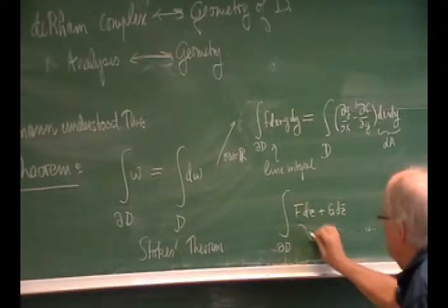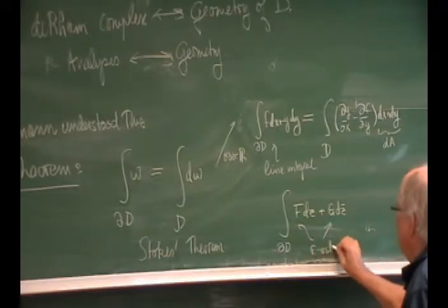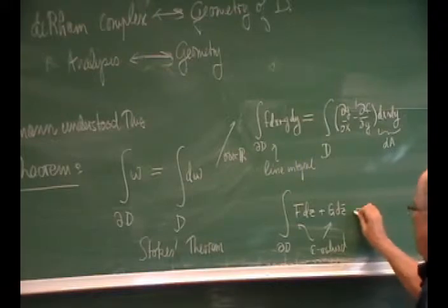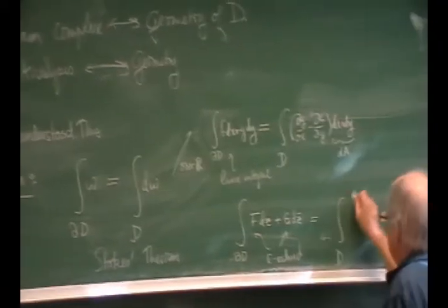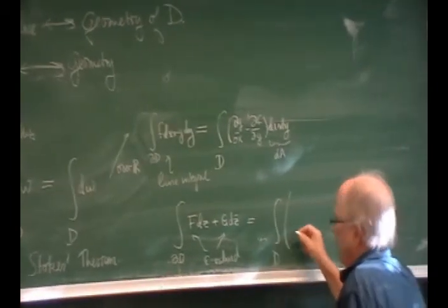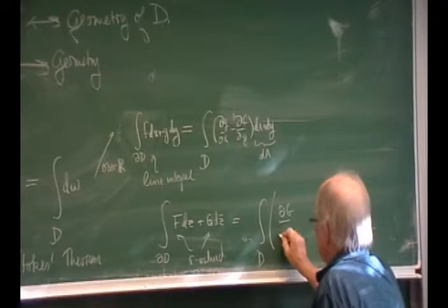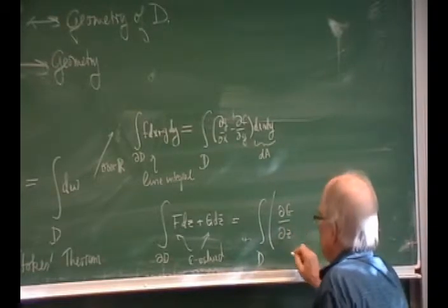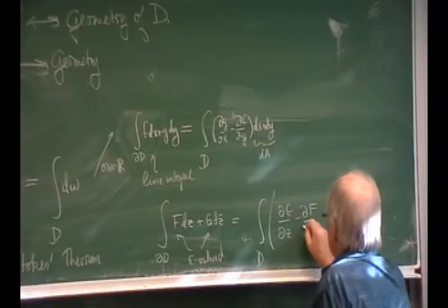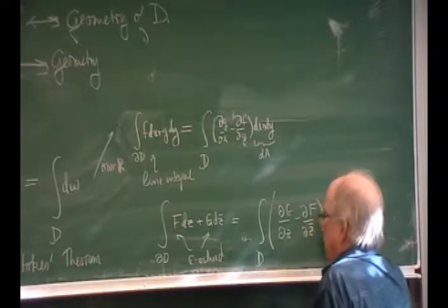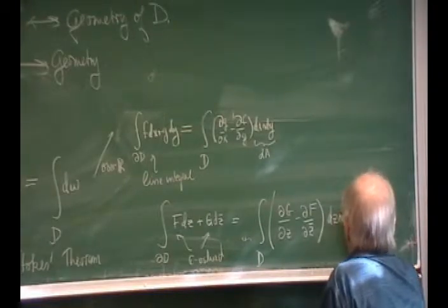Now these things are complex valued. It's the same thing. It's the integral over the boundary. It's just writing down what the boundary operator is. It's partial g with respect to z minus partial f with respect to z bar, dz wedge dz bar.